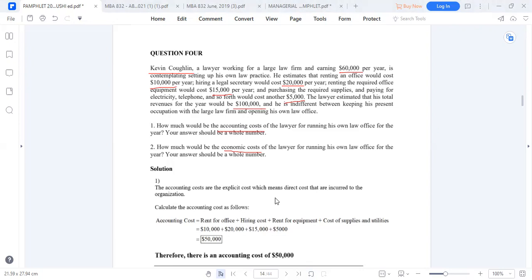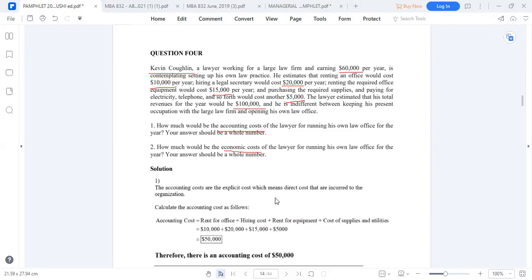So accounting costs are also called explicit costs. This is the actual money expense that a firm or an individual incurs. These are incurred when we are conducting business operations. These costs are usually recorded in the financial statements, like the income statement, the balance sheet, and the cash flow statements.